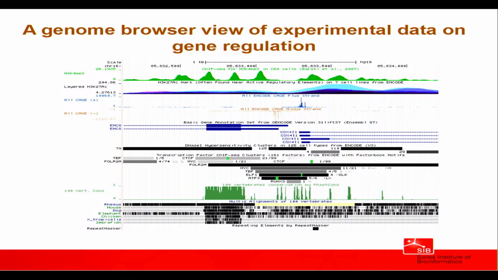And further below we have these horizontal bars, which represent open chromatin regions and transcription factor binding regions identified with ChIP-seq. You see small light green bars in the ChIP-seq track, and they are actually the motifs that are supposed to bind to the transcription factors.